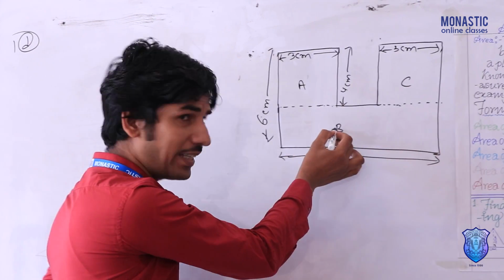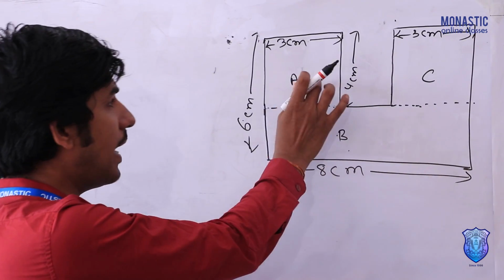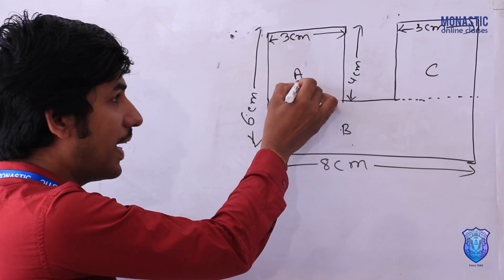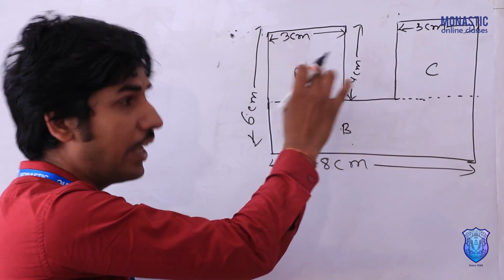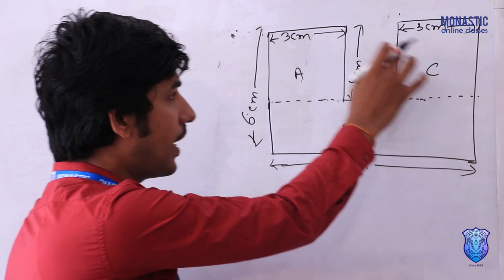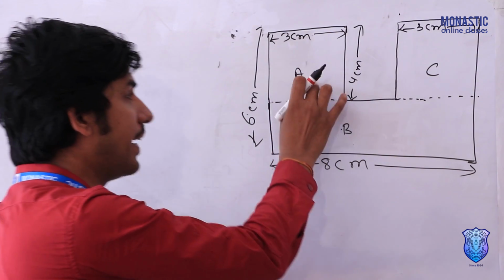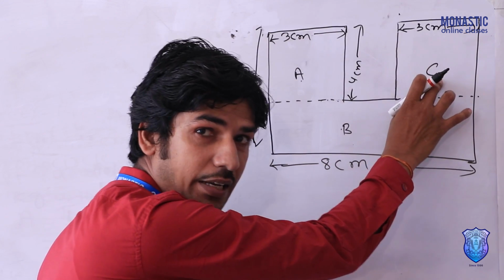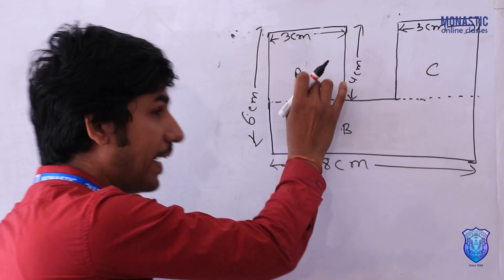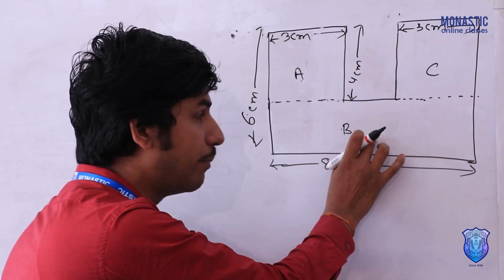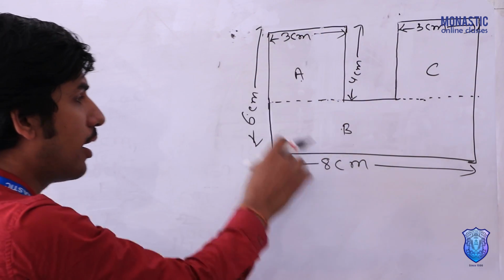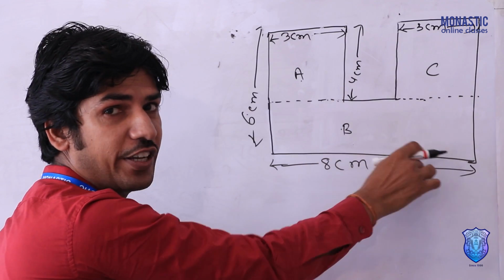Because to make it simple and easier, we have named them A, B and C. First, find the area of rectangle A, area of rectangle B and area of rectangle C. After finding all these areas, we have to add the area of rectangle A, area of rectangle B and area of rectangle C to get the area of the whole figure.